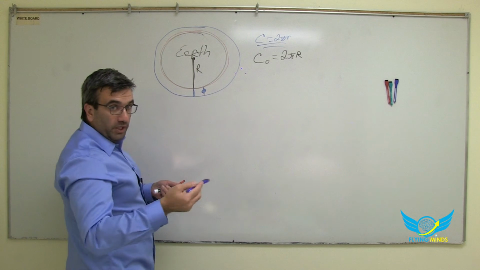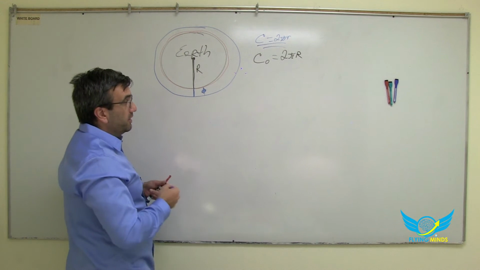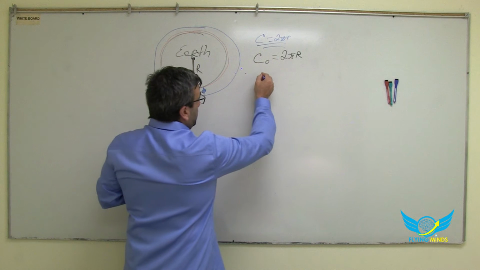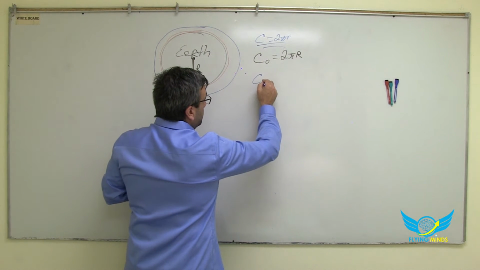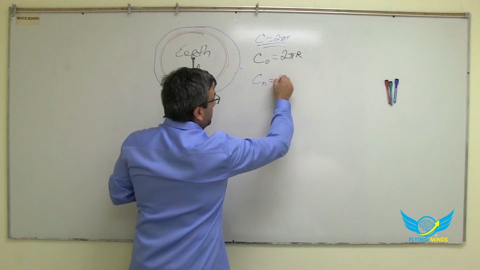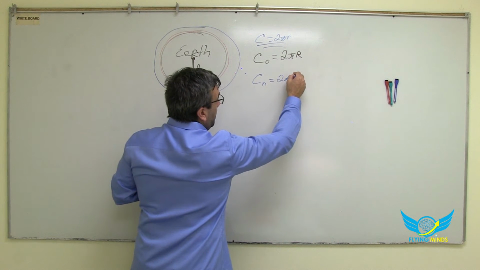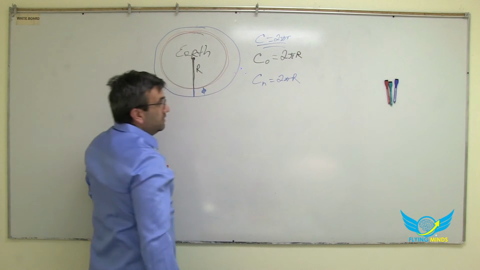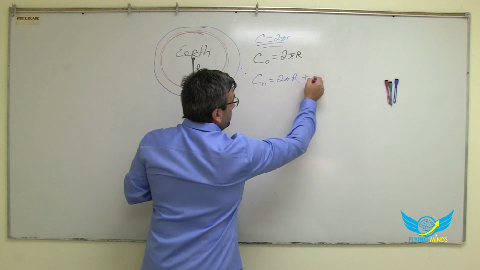But now we increase the circumference by 1 meter. So our new circumference will be 2 pi R original plus 1.